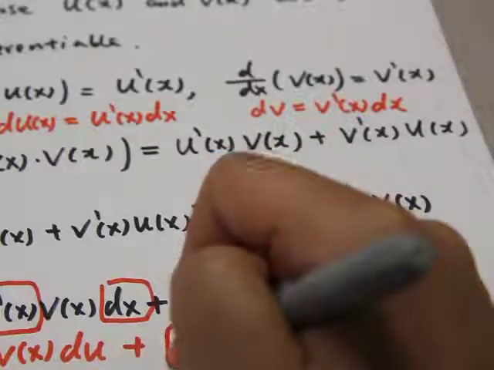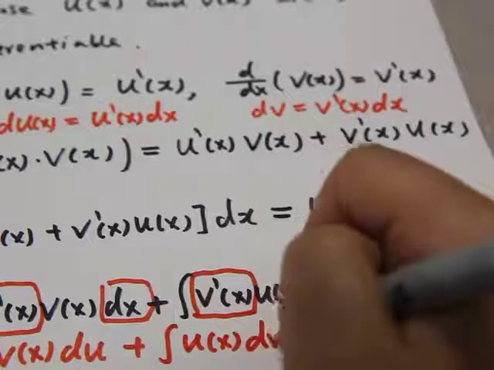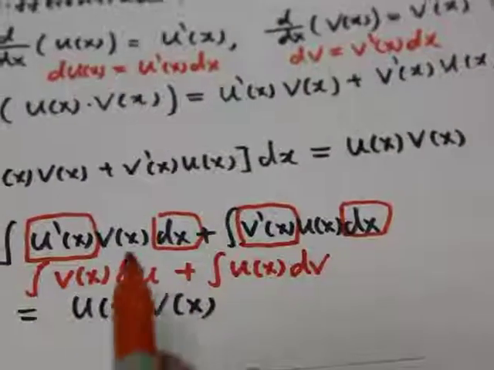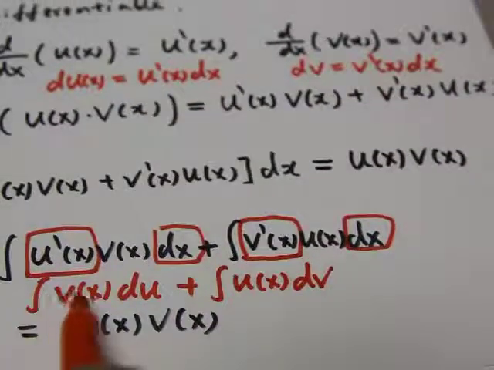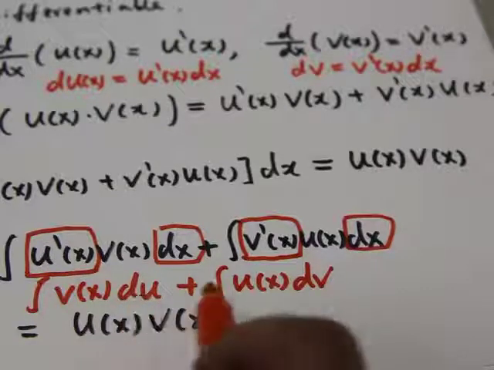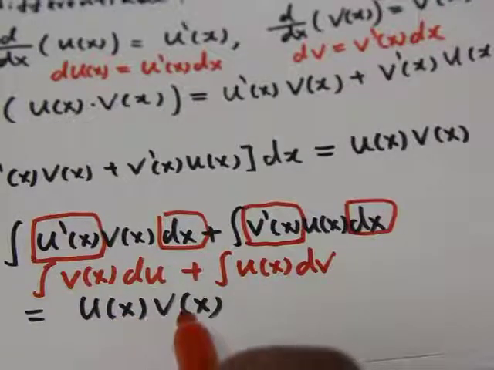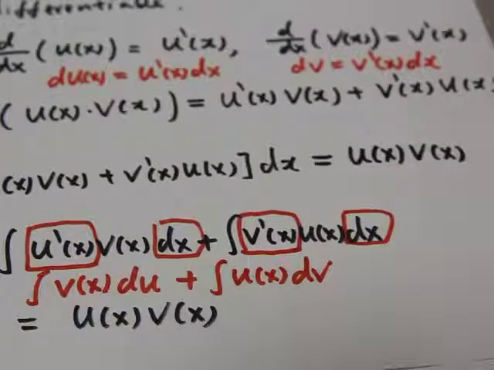So the second integral becomes u(x) times dv. So the integral of v(x) du plus the integral of u(x) dv equals u(x) times v(x).